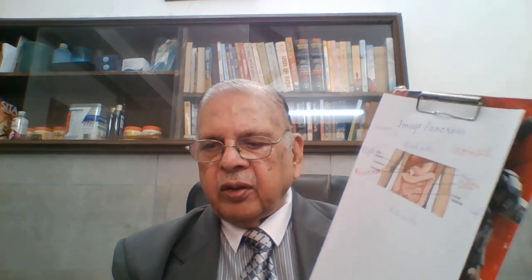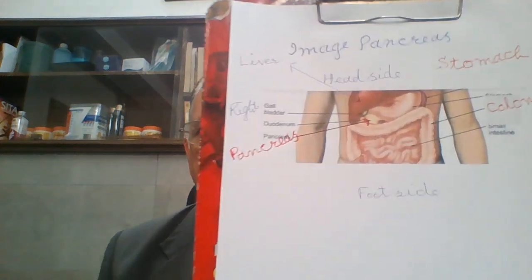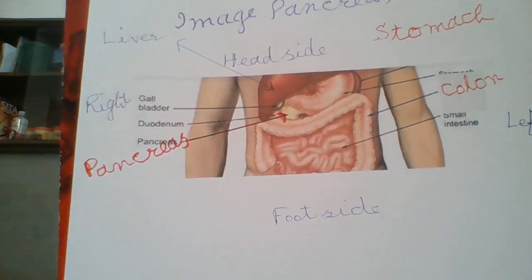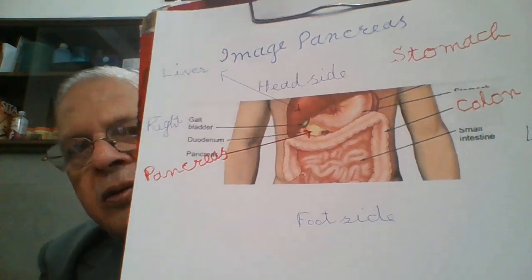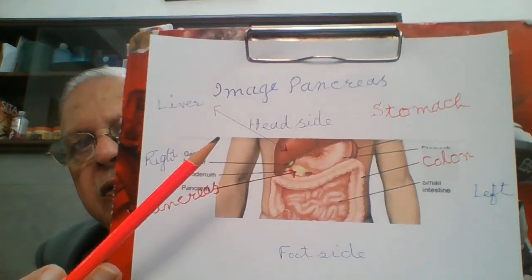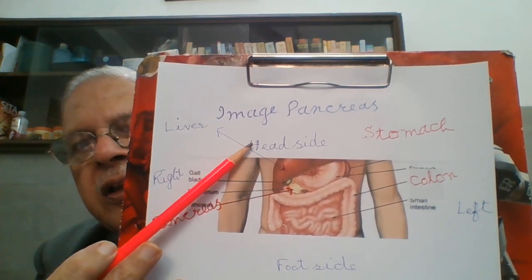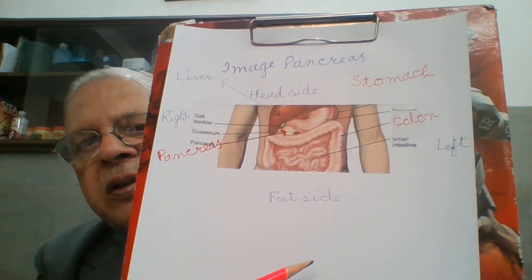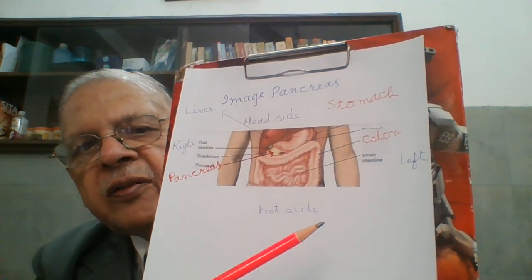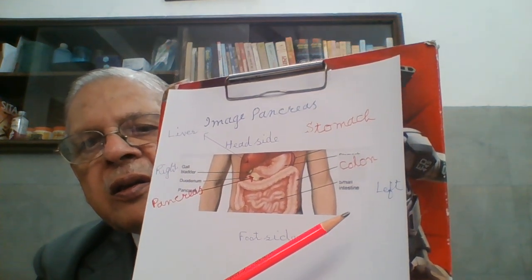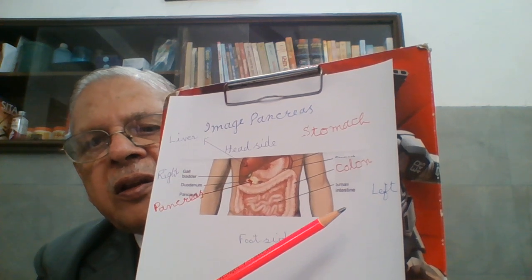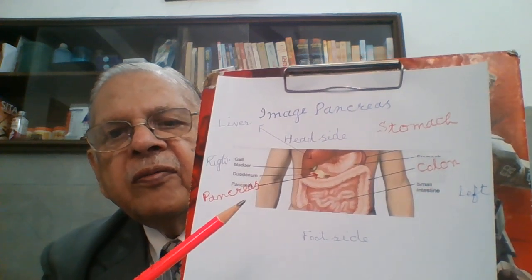Now, before we go to this, let us first understand this diagram. Look at this picture carefully, friends. This is the head side of the patient, and this is the foot end of the patient. This is the left side, and this is the right side.